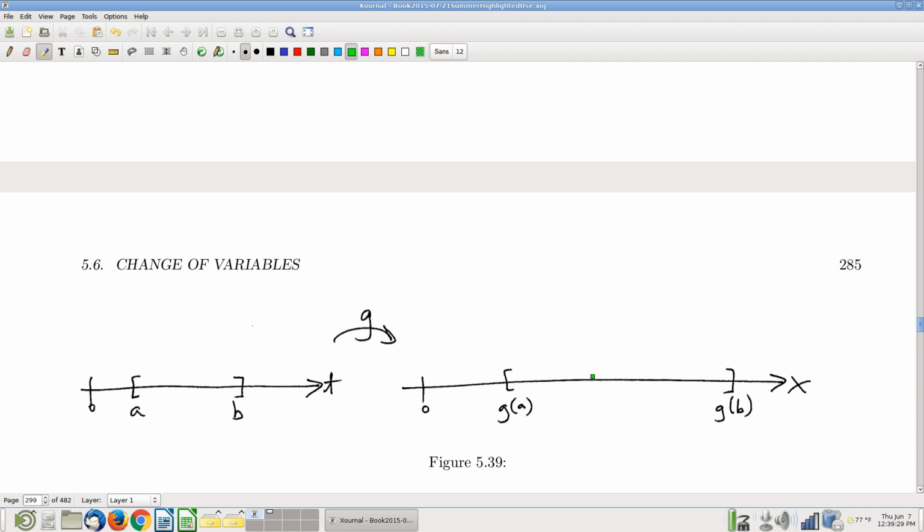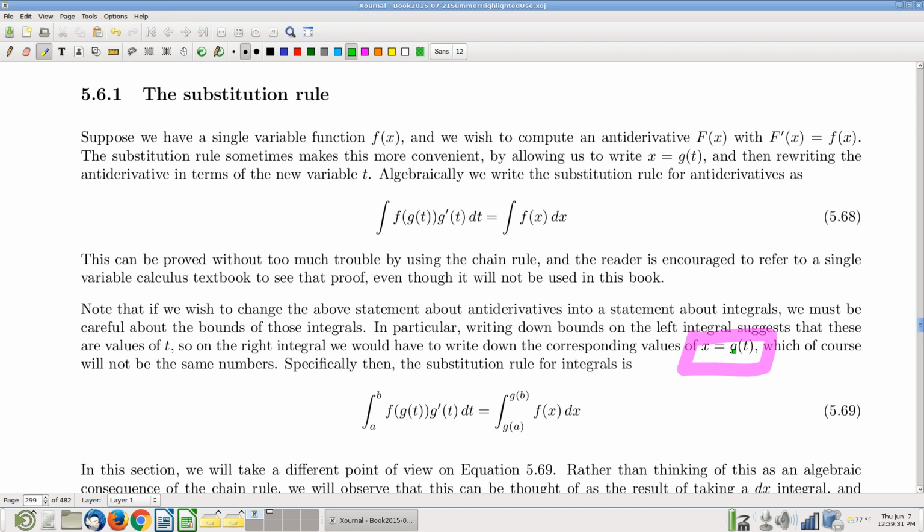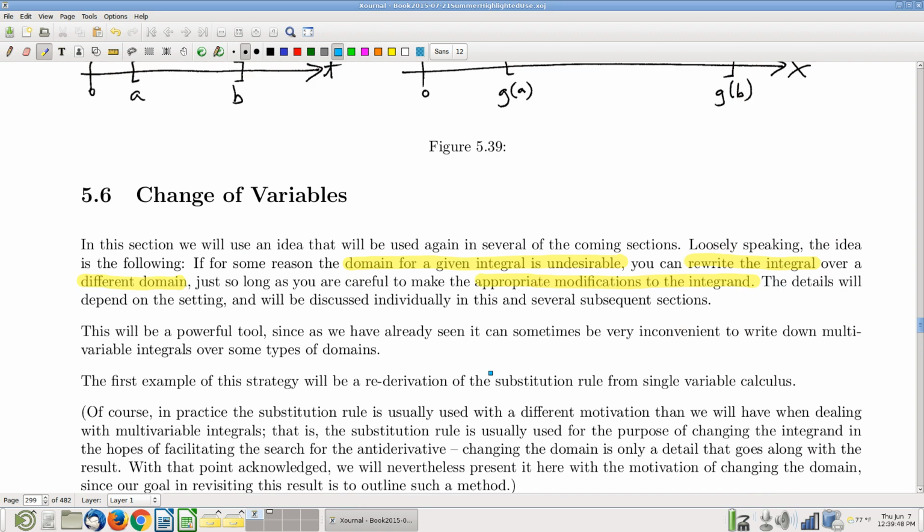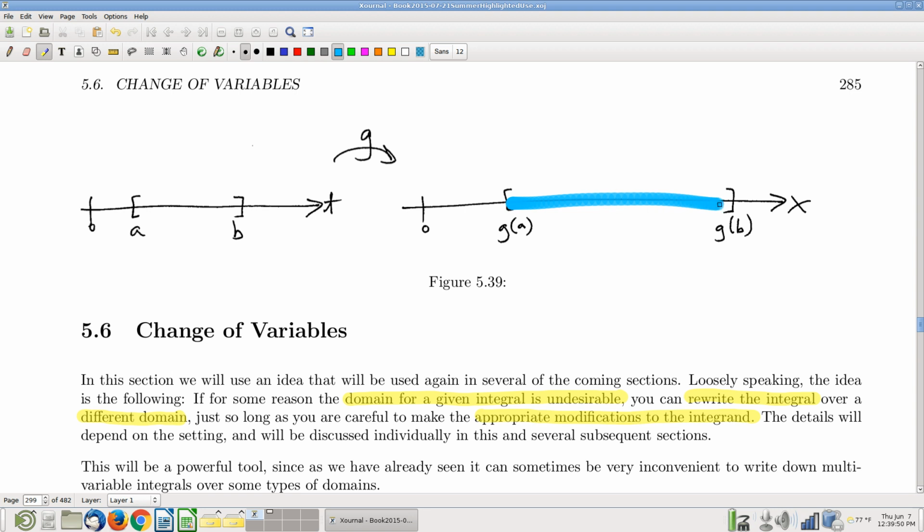And what these integrals then say, if you look down here at the integrals in the substitution rule for integrals, notice that there's two integrals, one on the t-axis, one on the x-axis. The one that's on the x-axis is an integral from g of a to g of b. That's an integral on the x-axis, on the image, the output set.